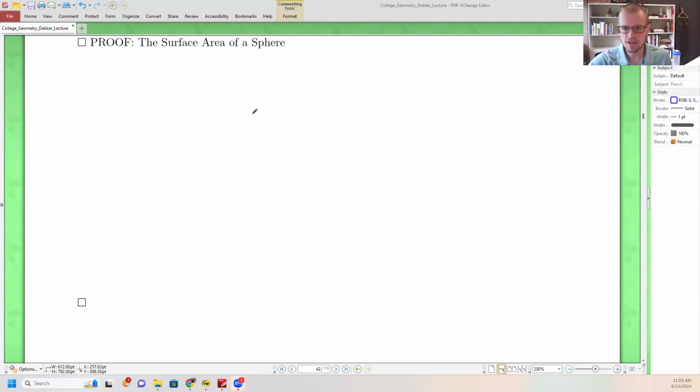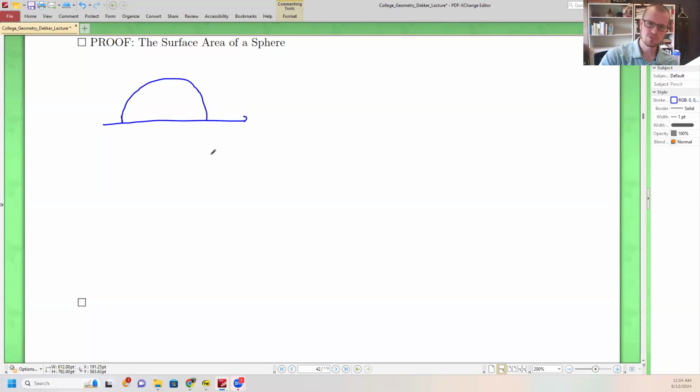So if we think of a sphere, let me make a horizontal axis here. If we think of a sphere as the rotation of the upper half of a circle, revolved around the axis here, then we would end up with a sphere, and then we can calculate that surface area.